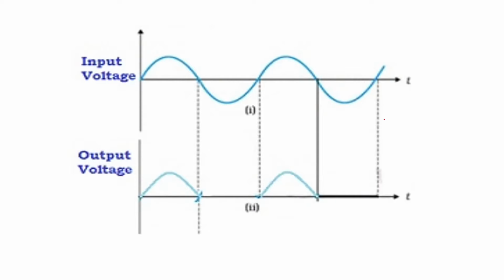So again here you can see the waveforms for half wave rectifier. This is the input voltage. You can see you have a positive half cycle, negative half cycle, positive half cycle, negative half cycle. You can give a reference of voltage also, you can give a reference of a current also.